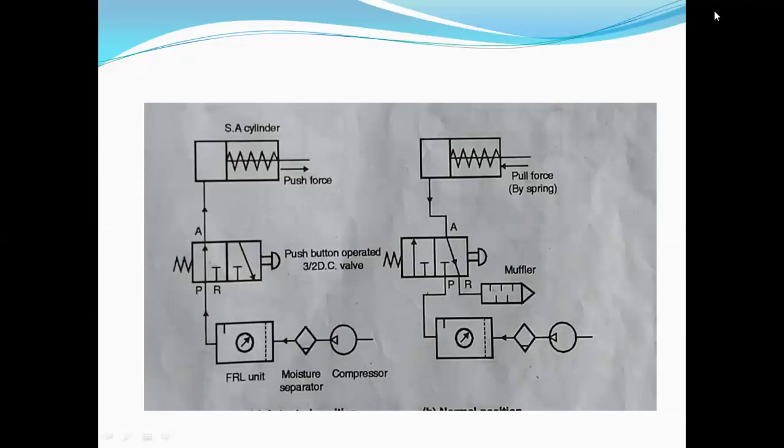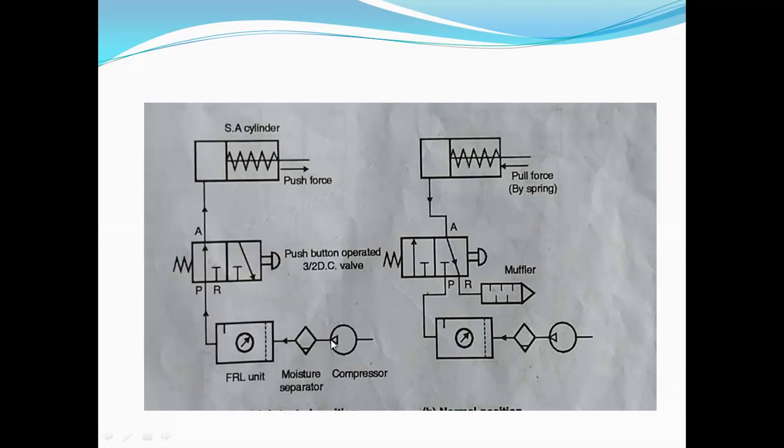But if you consider the pneumatic circuit, the power pack unit consists of the compressor unit, moisture separator and FRL unit. Those three components are placed at this portion.